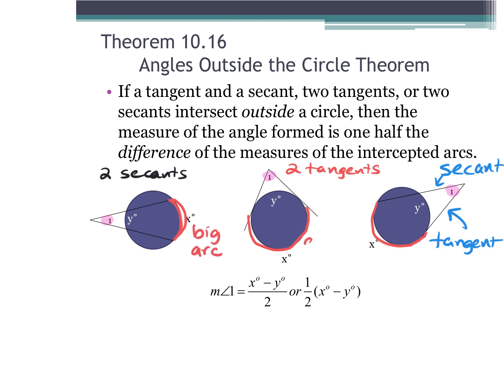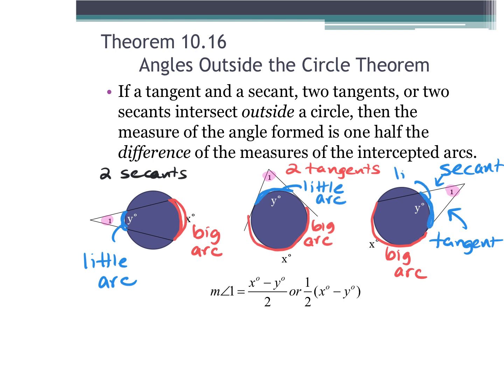So the x in this picture, or all the red, these are my big arcs. It's the bigger piece of the arc of the circle. And then this little piece, the arc that's closer to that outside angle, I'm going to call this little arc. And then the same thing here, little arc here. And it's closer to the angle. That'll be the arc that's closer.